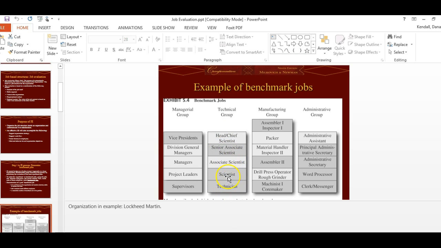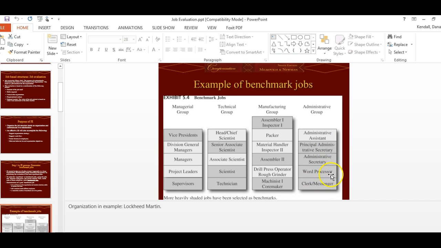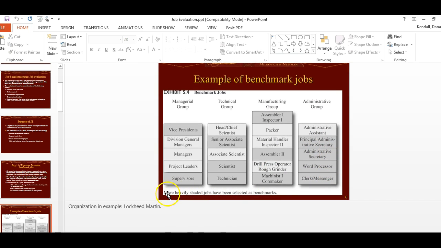The senior associate, scientist, etc. And then the manufacturing group, we've selected our benchmarks for that. And then finally the administrative group, we have more benchmarks here. Okay, so here's the note, more heavily shaded jobs have been selected as benchmarks.